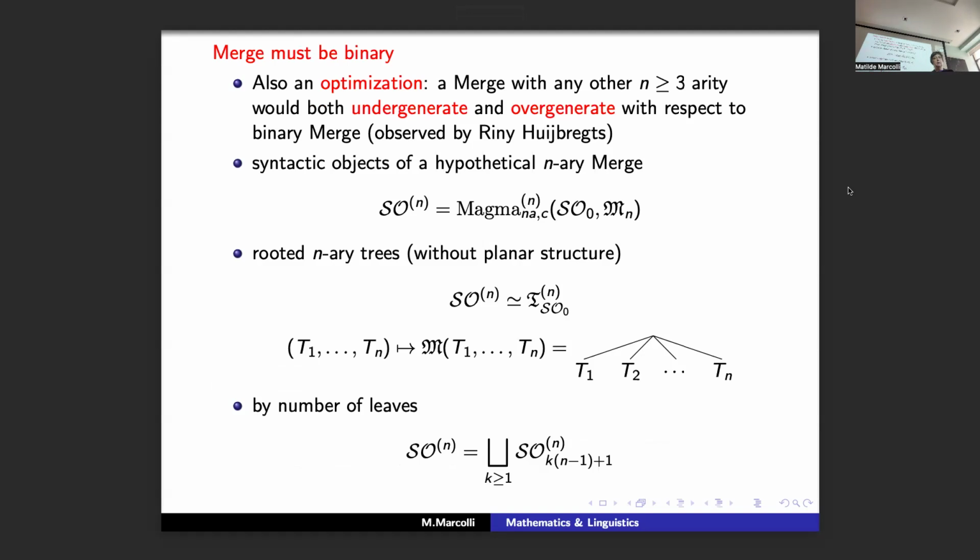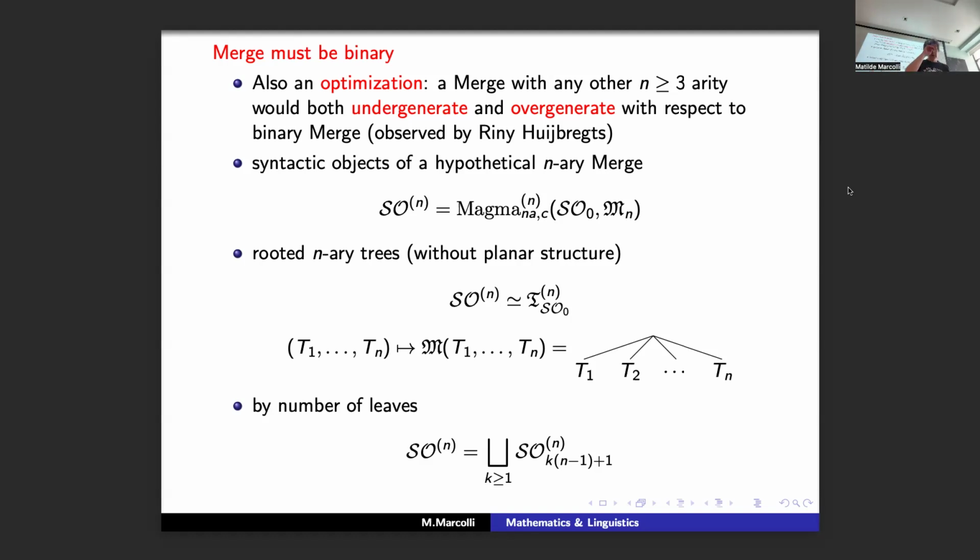Okay, so the next thing that is one of the wish lists of the linguistic model is: why is merge a binary operation? Or why do you only have binary merge, or why don't you have a ternary merge, or a lot of different merge operations of a lot of different arities?